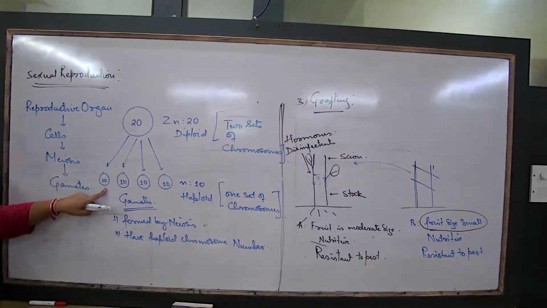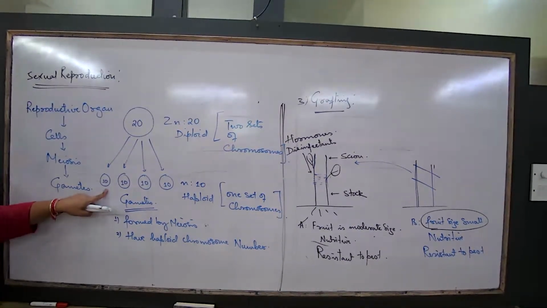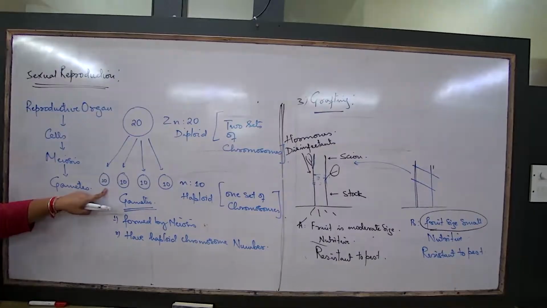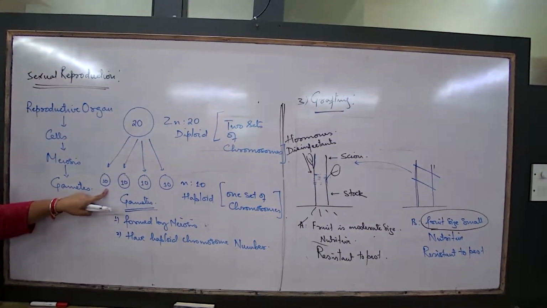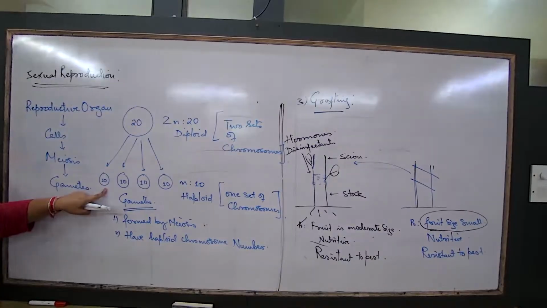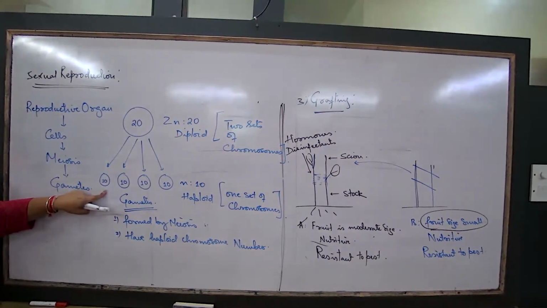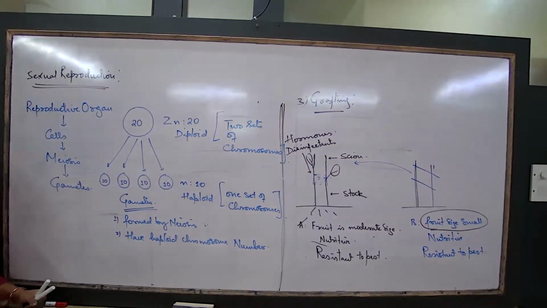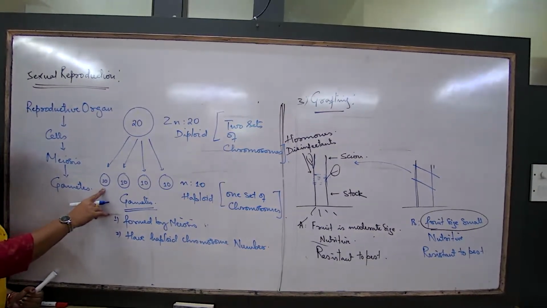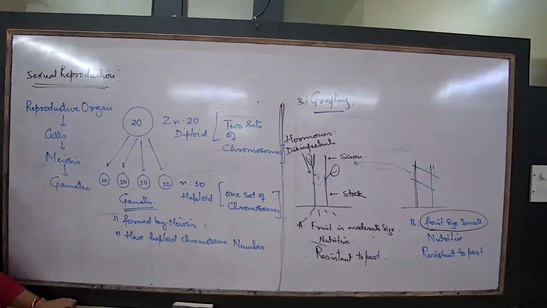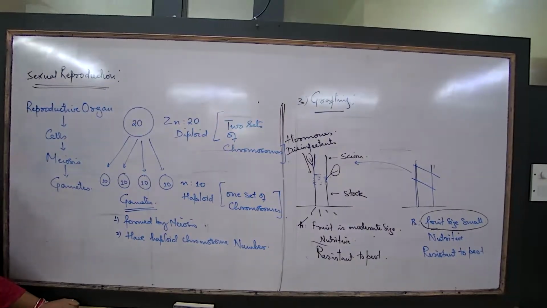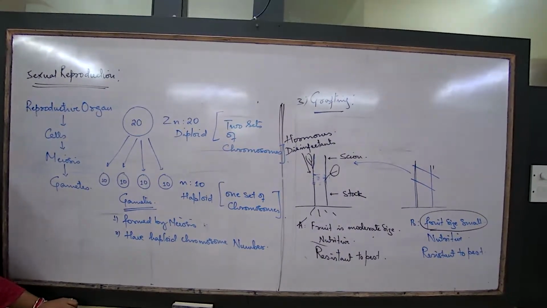Since they have just half of the chromosome number, what do you think? Will they be able to divide and multiply on their own? They have just half of the chromosome number. No, they will not be able to divide and multiply on their own. That is the reason they are dependent on a process known as fertilization, and then continue their process of growth.